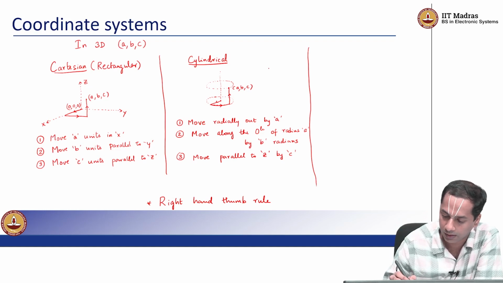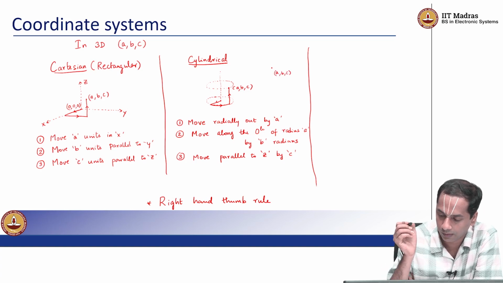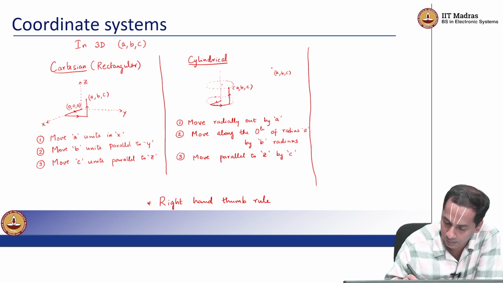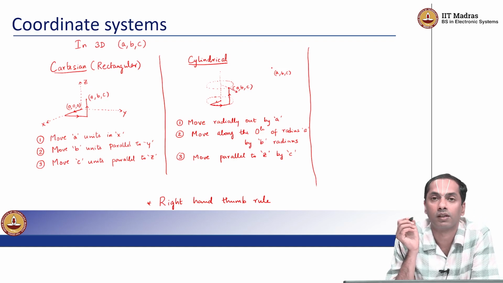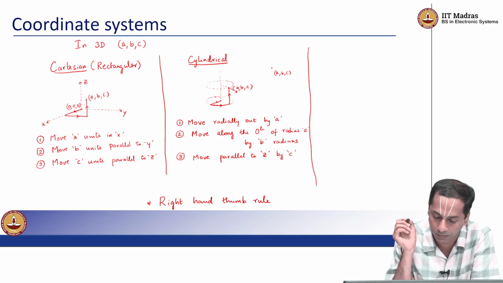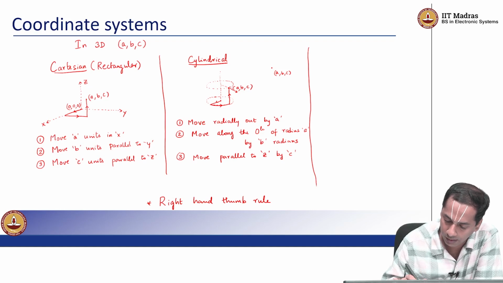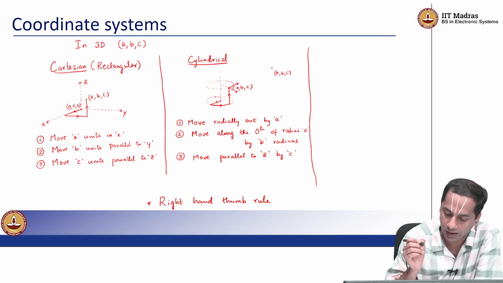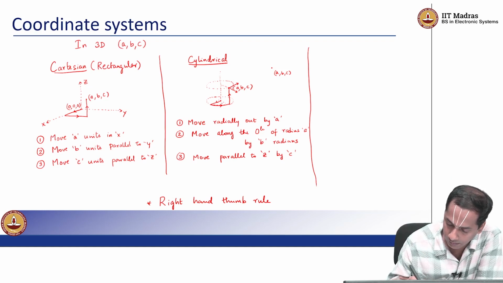So here similarly, if I look at the point ABC, the radial component is looking away from the vertical axis, right? And then you have the phi direction for the angle, right?